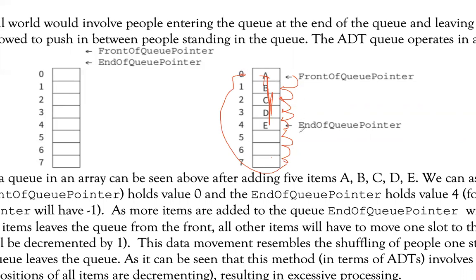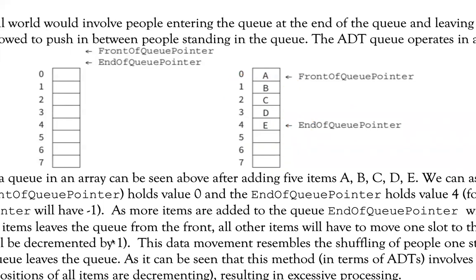And you will notice that my front of queue pointer is right about here. And my end of queue pointer has reached the top, becoming behind my front of queue pointer. It has circled back to the start to show that my end has wrapped around to the start. And this is what the concept of circular queue looks like.